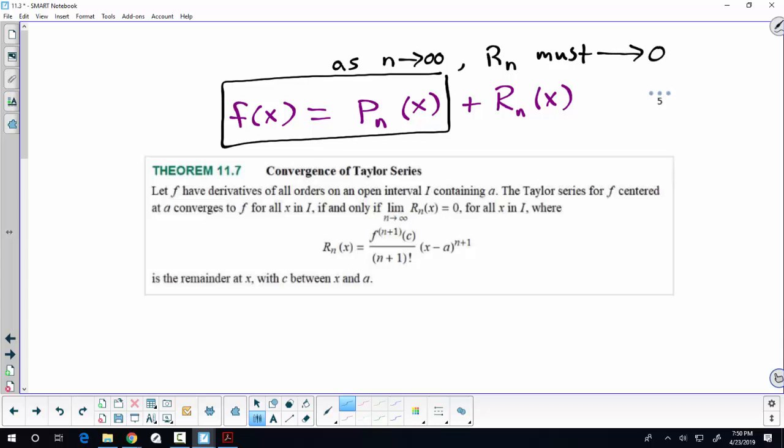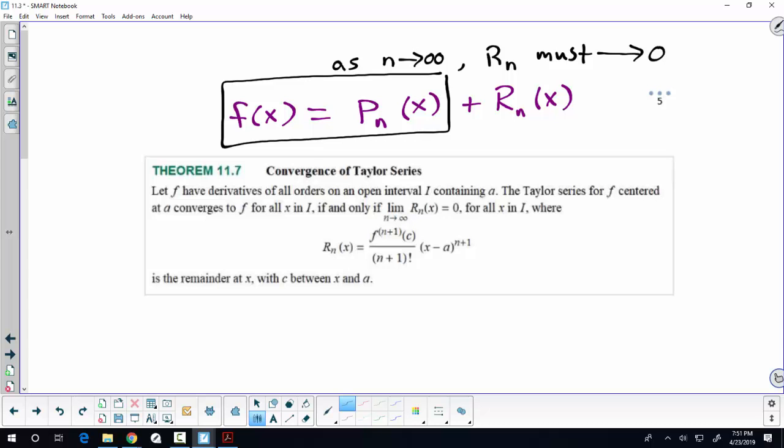This theorem is telling us what we can expect our error to be if we stop at, say, the 38th degree polynomial. It's not really precise, because it says the error when stopping at the nth Taylor polynomial is the next derivative. So if we stopped at the 5th degree Taylor polynomial, the error is the 6th derivative evaluated at some c over 6 factorial times x minus a to the 6th.